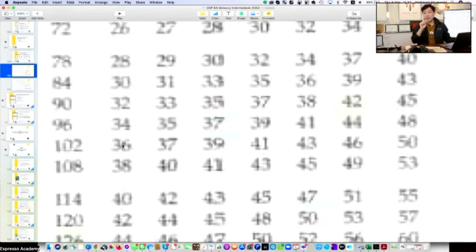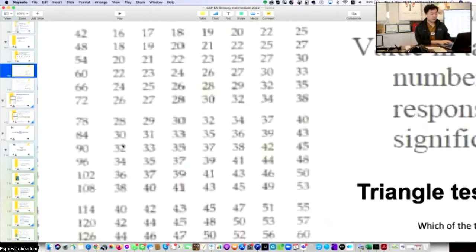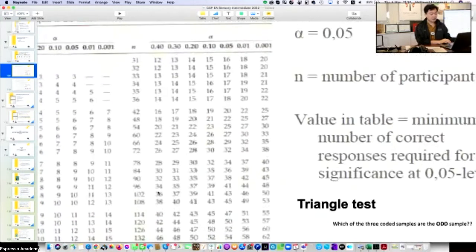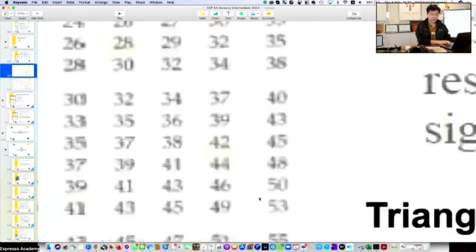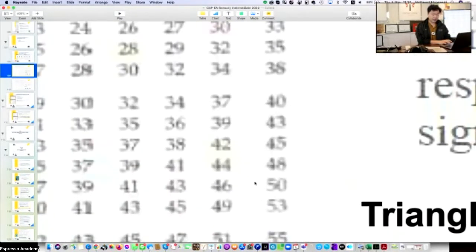Okay, if you get 36 correct answers, they found the odd cup. That would mean, I would say, with 36 correct answers, that corresponds to a 40% significance number, which is very low reliability. But if you get it to the level of, if you got 50 correct answers right here, like 50, 50 here, 50, okay?